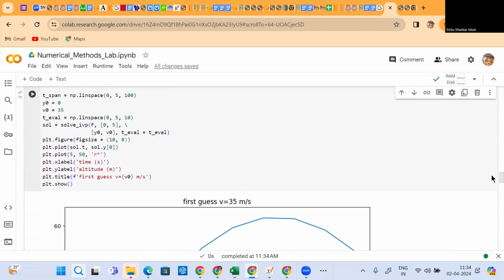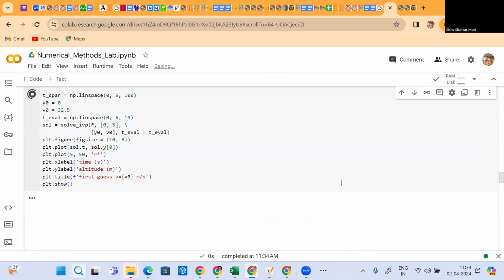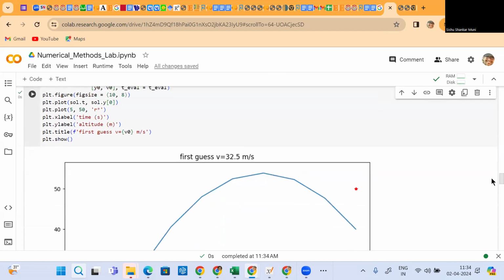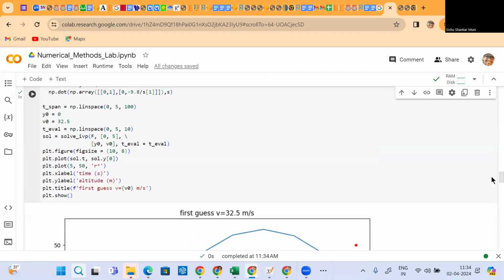Take the midpoint. What is it? 32.5. Coming down. Okay. So slowly increase. Let's see.